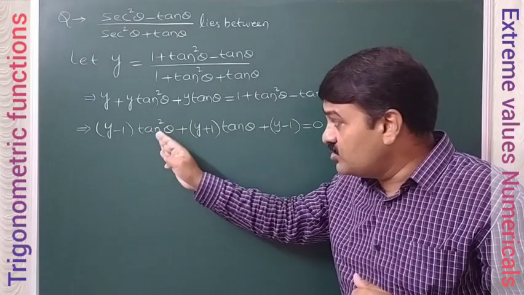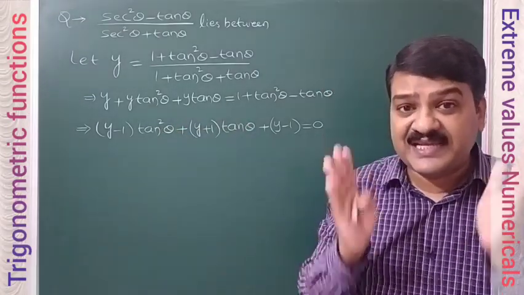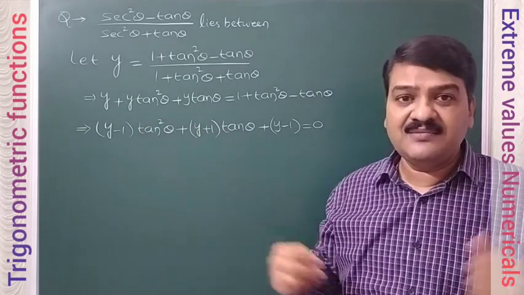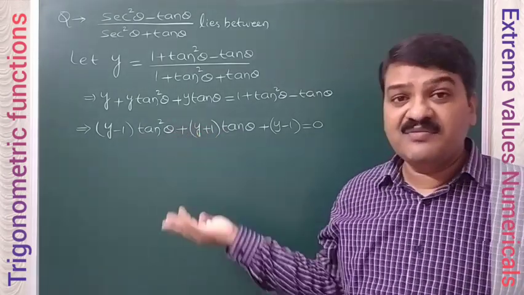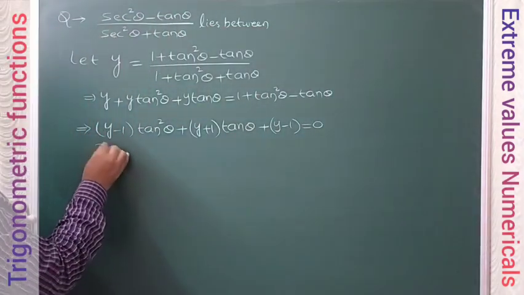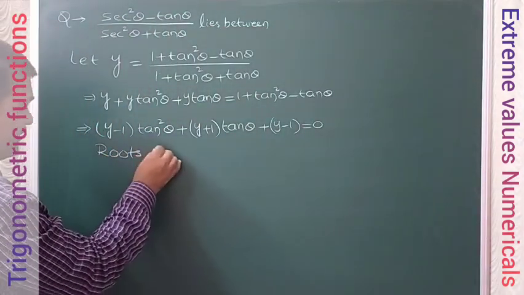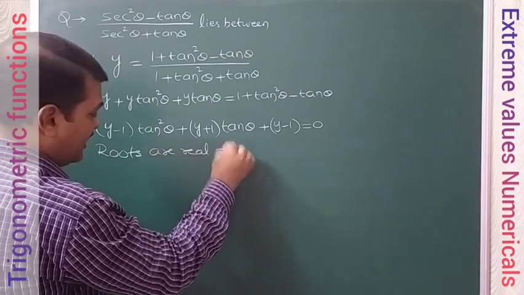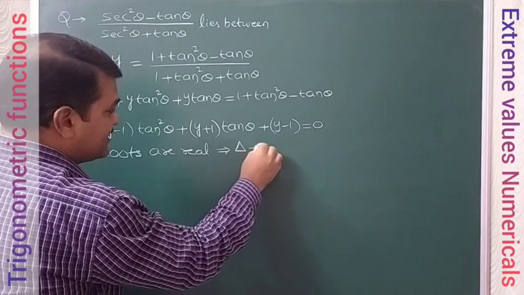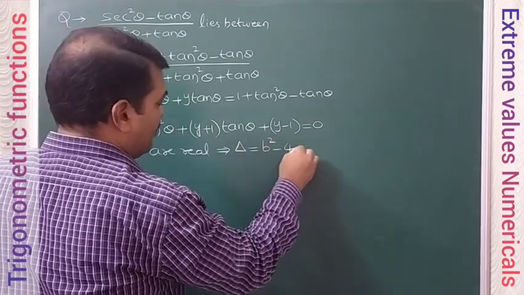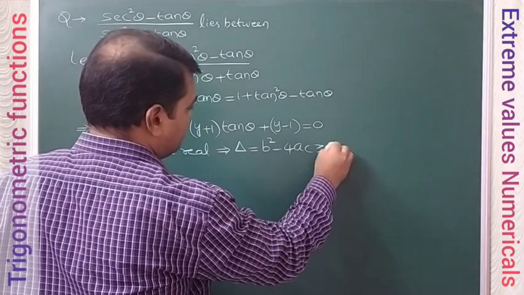So roots of this equation, which are tan theta values, are going to be real. Okay. So when the roots of this equation are real, we can write that discriminant delta is greater than or equal to 0.